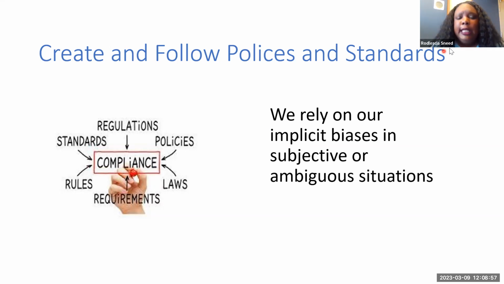So if there are not clear guidelines on when a treatment regimen should be implemented, it makes it more fuzzy for providers, and then they have to rely on these biases, these preconceived notions about people, to make decisions. So as much as possible, if organizations can have standards and policies that guide the way that we provide treatment, that can potentially reduce our reliance on these biases.